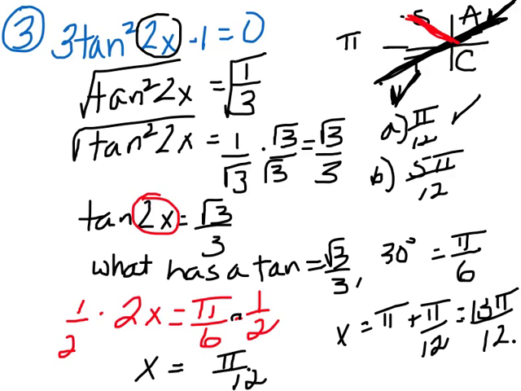Let's see. If x is 30 degrees, what would a 30-degree reference angle here be? That would be pi minus pi over 6, which would be 5 pi over 6, right?